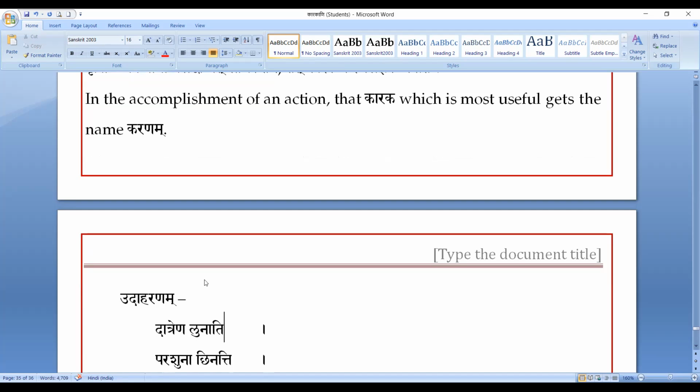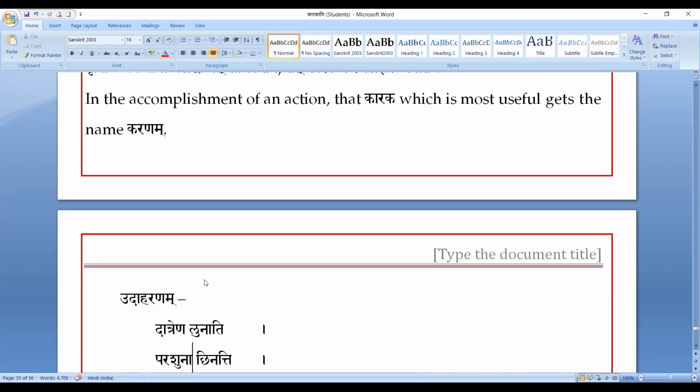By Datra, he cuts the weapon. Datra is the means, the instrument by which lunati. By Parashu, chinati, he cuts.